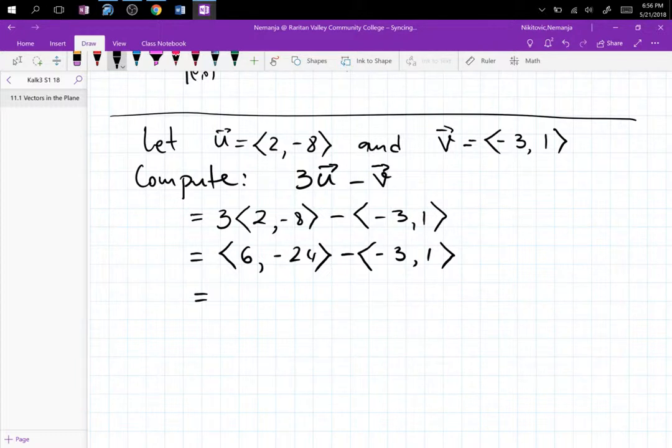Combine x components together, we have 9, and then combine y components together for -25. So the whole new vector that we get should be 9, -25. Cool? Everyone okay with this? Good.